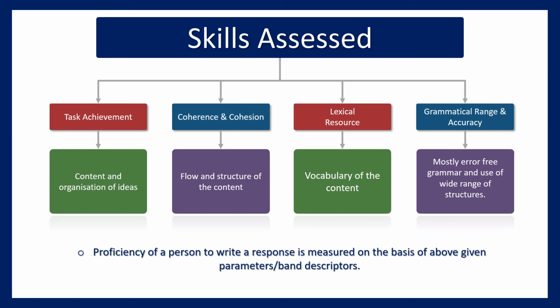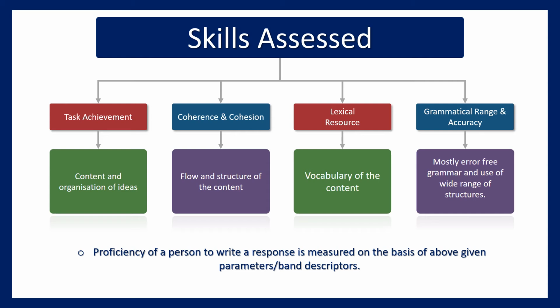Now, what are the skills assessed here? There are four main skills assessed in the writing section. Task achievement, which means content and organization of ideas, will be assessed over here. Then the second one is coherence and cohesion. This means the flow and the structure of the content.